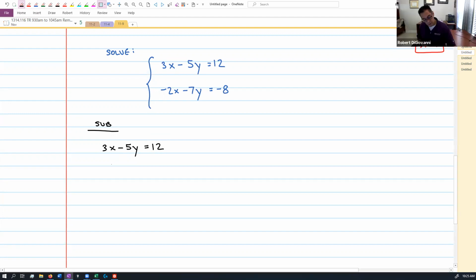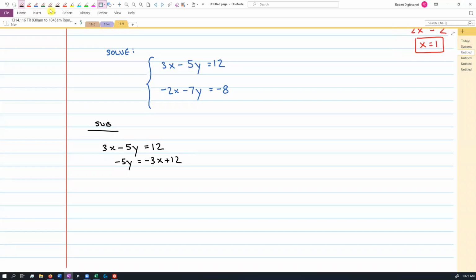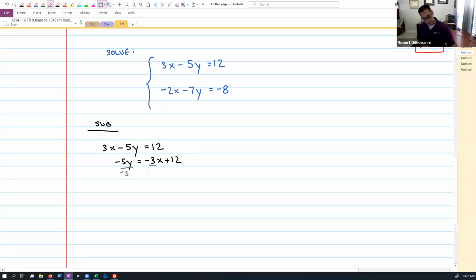So if I were going to solve for Y, I could subtract 3x on both sides. Right? Then what would I have to do to get Y by itself now? Divide. Divide everything by -5, right? -5 here, -5 here, -5 here.